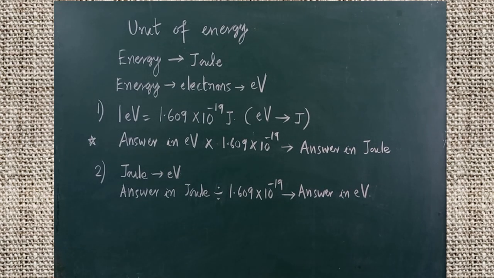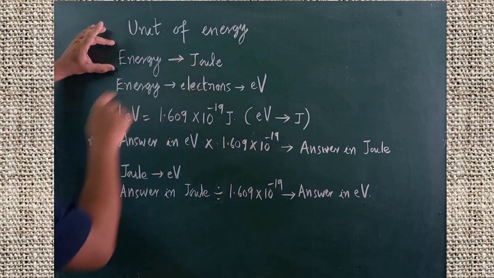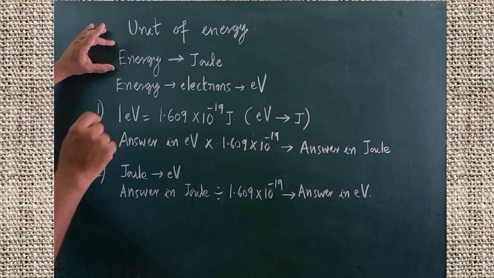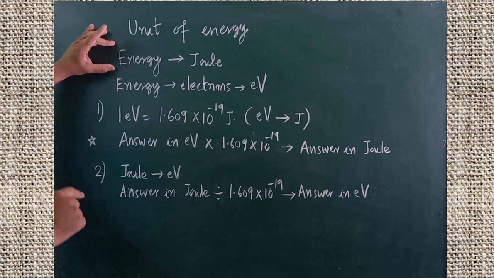The most important thing while solving the problem in photoelectric effect is the conversion of the units from one system into another system. Usually the unit of energy is measured in terms of joule. All mechanical work and the respective energies are measured in terms of joule. But here the work is done by the photon, and the removal of the electron is also done by the photon.